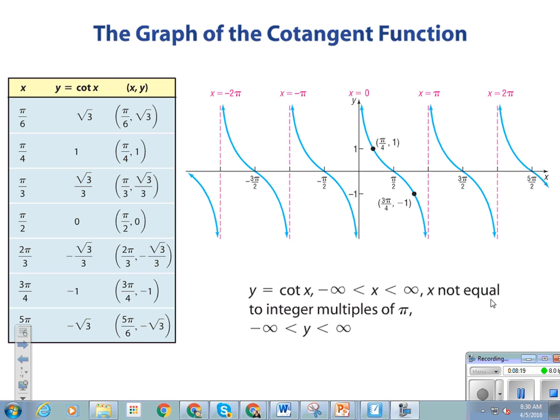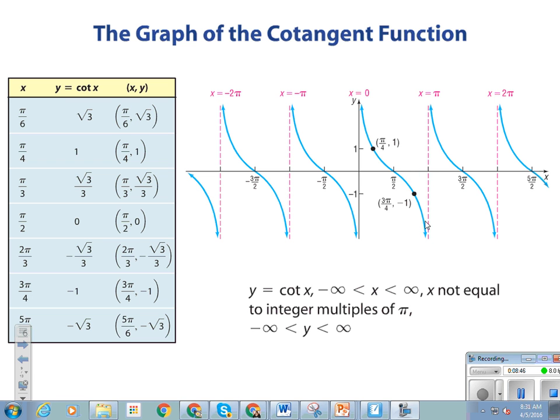So throw down cotangent. The important points: we cross at pi over 2. So our intercepts are at pi over 2, 3 pi over 2, 5 pi over 2, negative pi over 2, negative 3 pi over 2, negative 5 pi over 2. The important points are pi over 4, 1, and 3 pi over 4, negative 1.